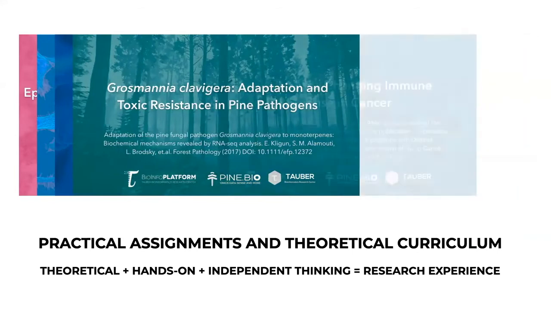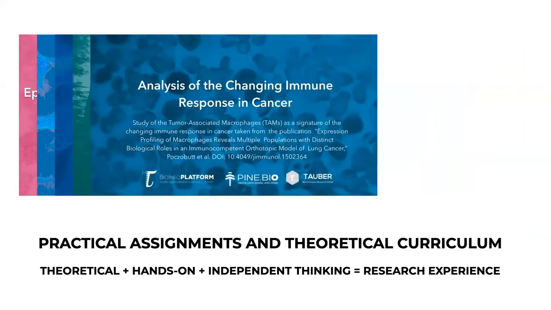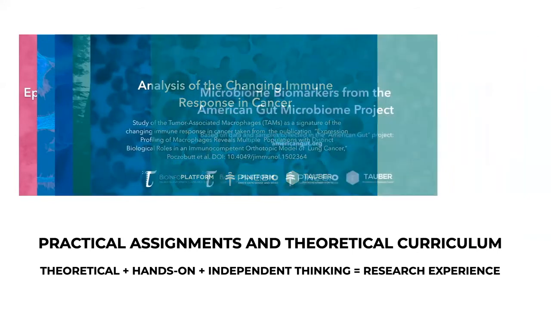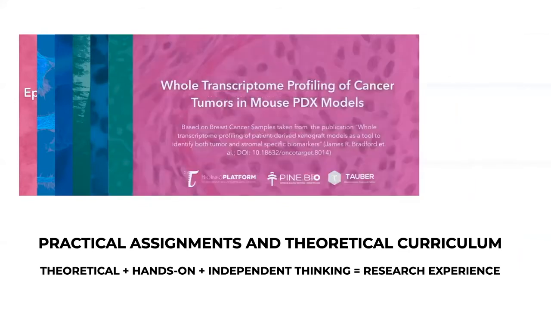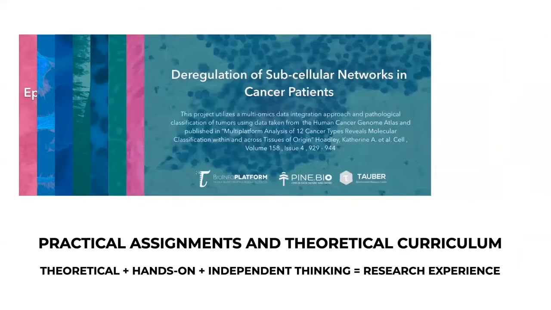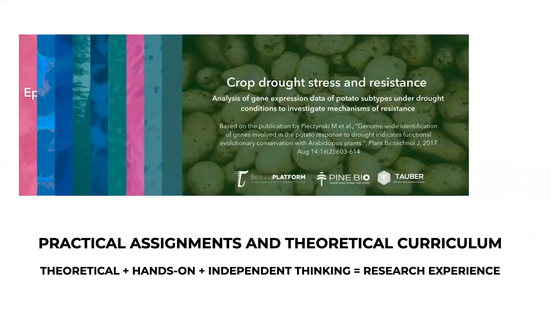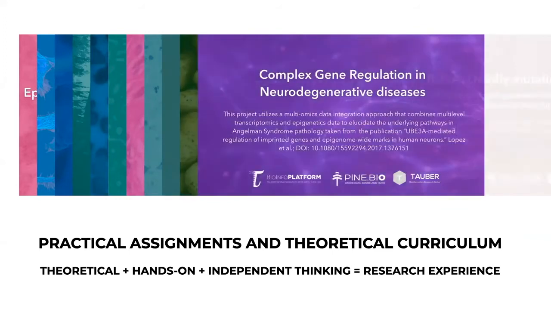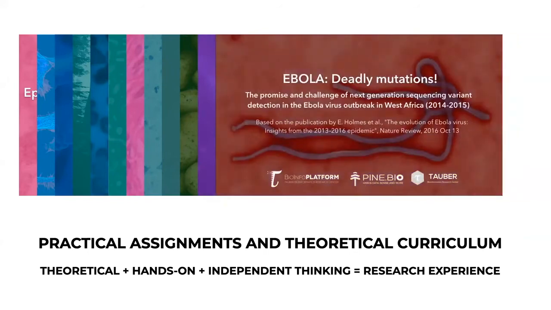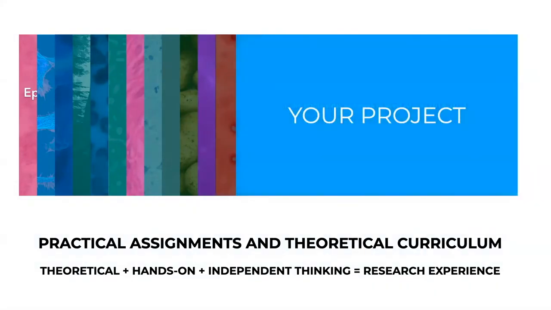And these range from topics in biomedical applications to biotechnology to a variety of human health related topics, as well as more advanced topics in cancer, biotechnology, agriculture, neurodegeneration, infectious diseases, and ultimately any other topic that you would like to focus on.